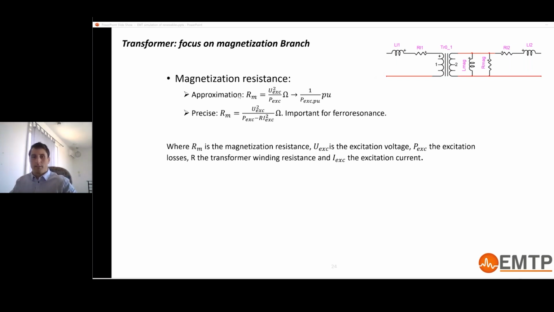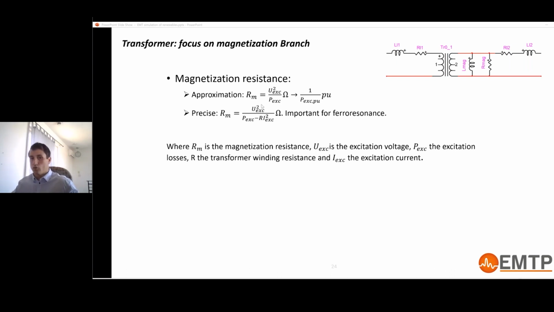For the magnetization resistance, like I said, most of the time during test, a voltage source is applied here and there are some losses, and we assume that the voltage applied here is the same as the voltage applied here, and all losses are due to this resistance. In reality, some losses are also due to the winding resistance. You can, if you want, calculate R this way very precisely.